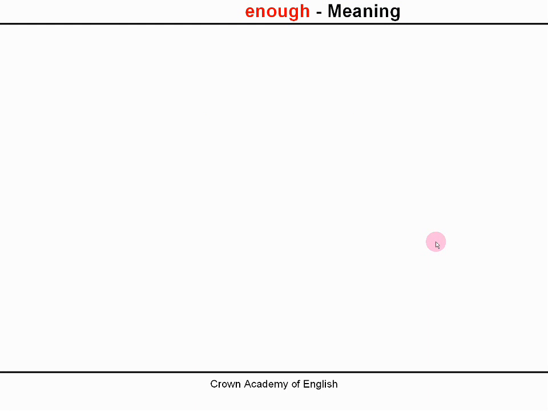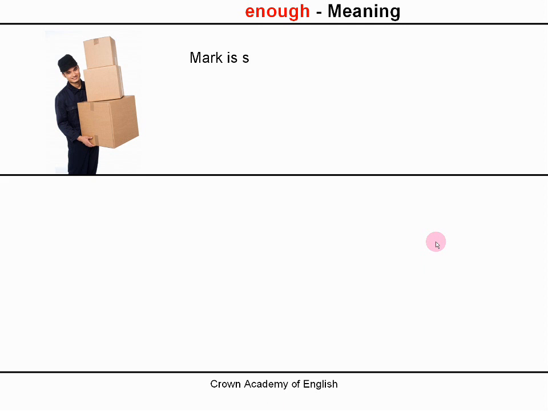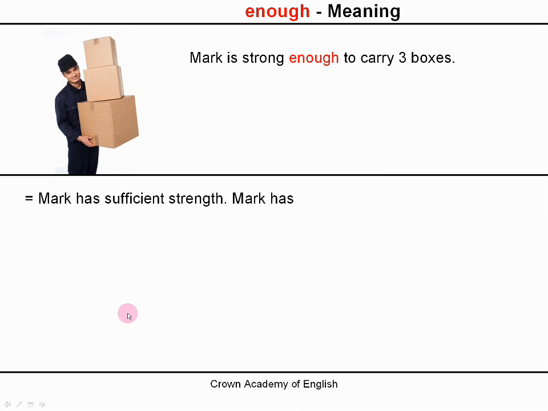Now let's look at the word enough. Well, what is the meaning? Here is the example again. Mark is strong enough to carry 3 boxes. Now this means that Mark has sufficient strength.